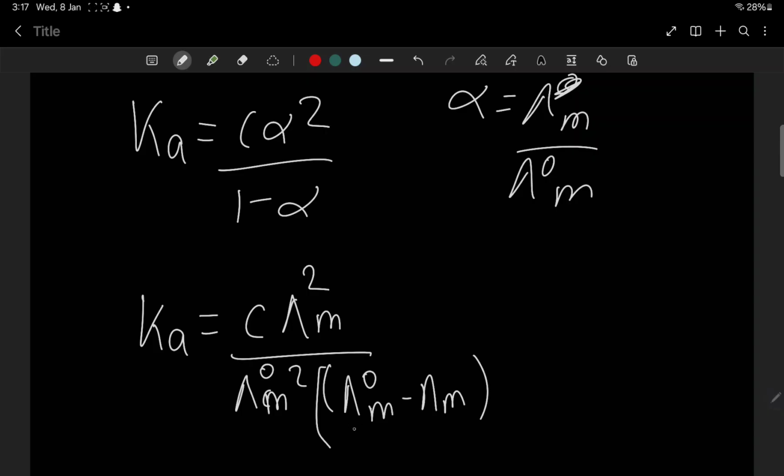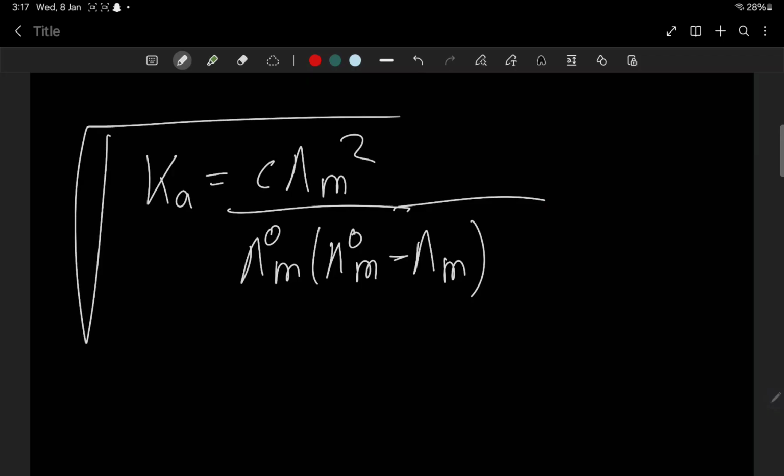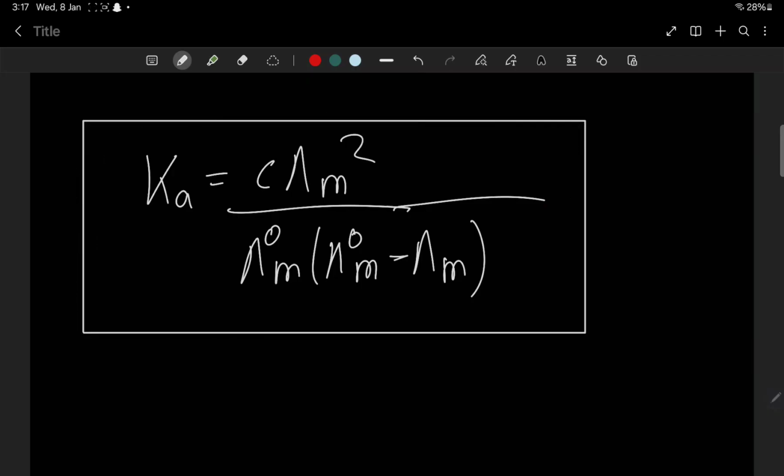Therefore we get Ka equal to C lambda m whole square by lambda naught m times lambda naught m minus lambda m. Yes, this is the equation for a weak electrolyte. Now the applications of Kohlrausch's law are given; you can just read through that if you need.